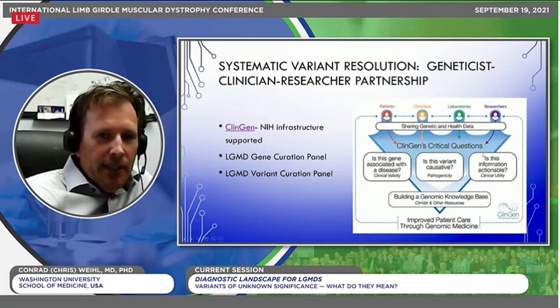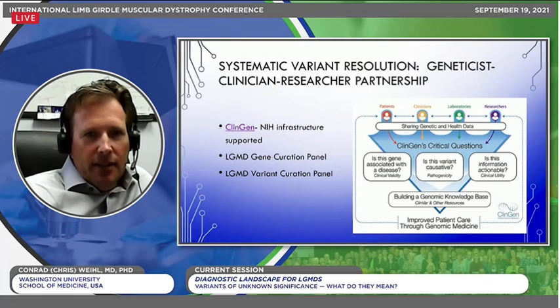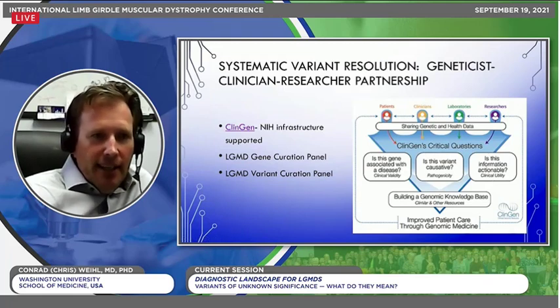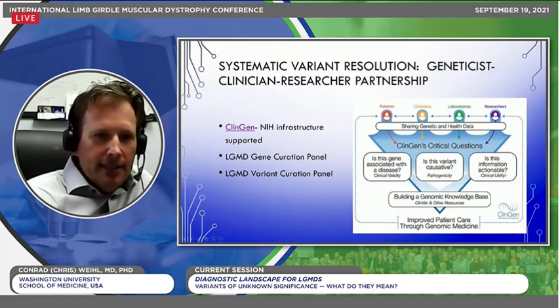We think of this in cancer genetics, where if someone has a BRCA1 variant that's known to be pathogenic, it needs to be actionable. And hopefully someday, if you find that you have a variant in a certain limb-girdle muscular dystrophy gene, this will be clinically actionable, meaning that you will know there's a therapy out there for that disease.